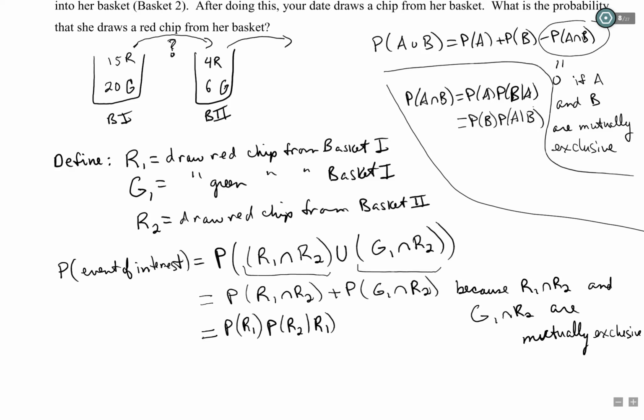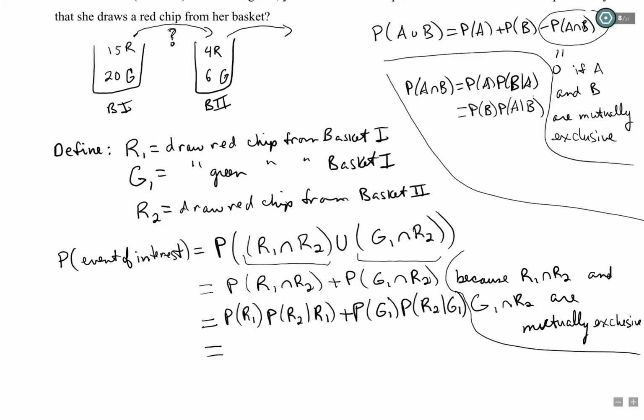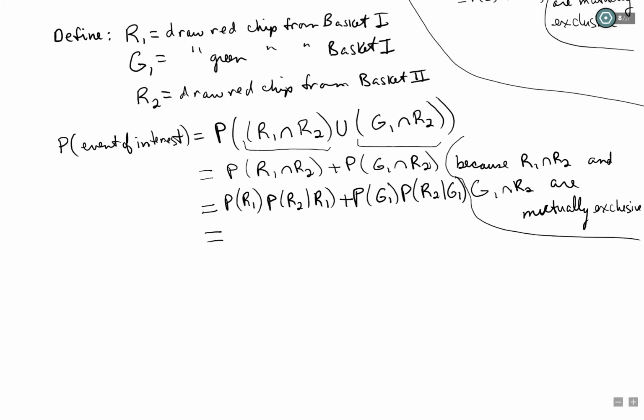Okay. And then similarly, I'm going to use the multiplicative rule on this quantity here. I'm going to have the probability of G1 times the probability of R2 given G1. Alright, so what are these probabilities?